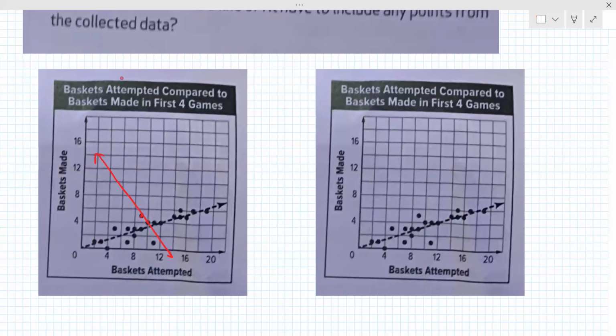Does that describe the data? It looks like somehow a person could shoot 2 baskets but make 10 of them. Then no. So this does not follow the trend of the data. The data is going up and to the right, and that's what I meant by, well, you could choose 2 data points, but if you choose 2 that are wrong, it also wouldn't be very useful.